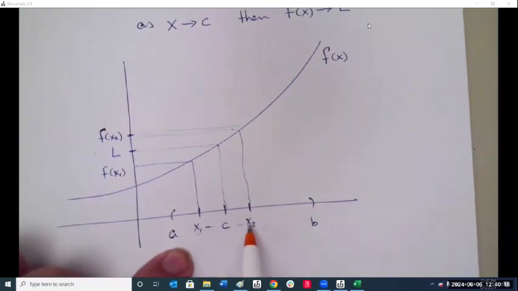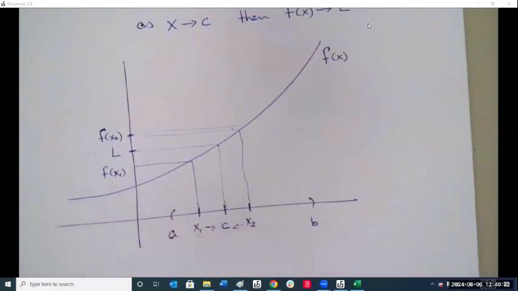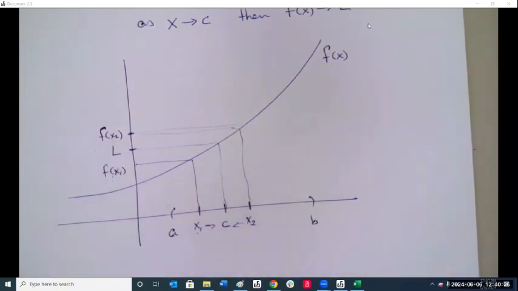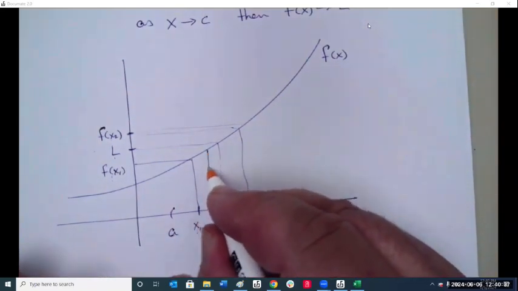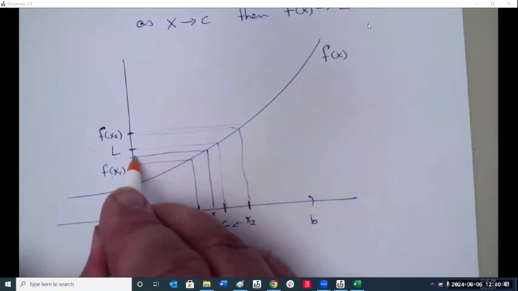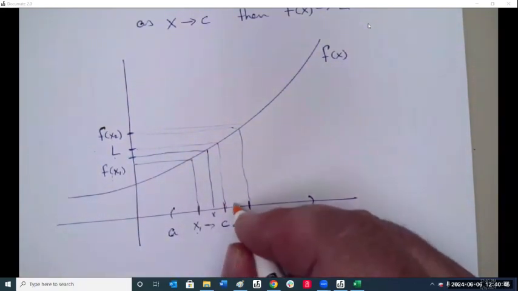As my x values get closer to c, what happens to the function values and L? What happens to those? They get closer and closer. So the closer these get, the closer our y values become to L on both sides.